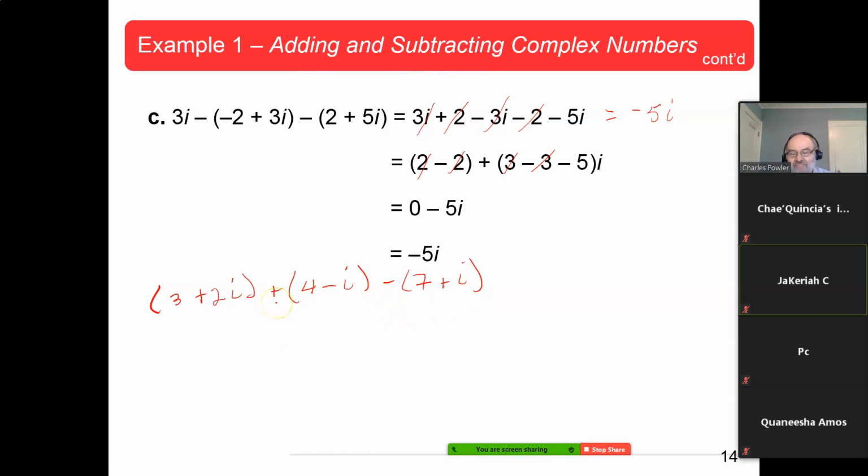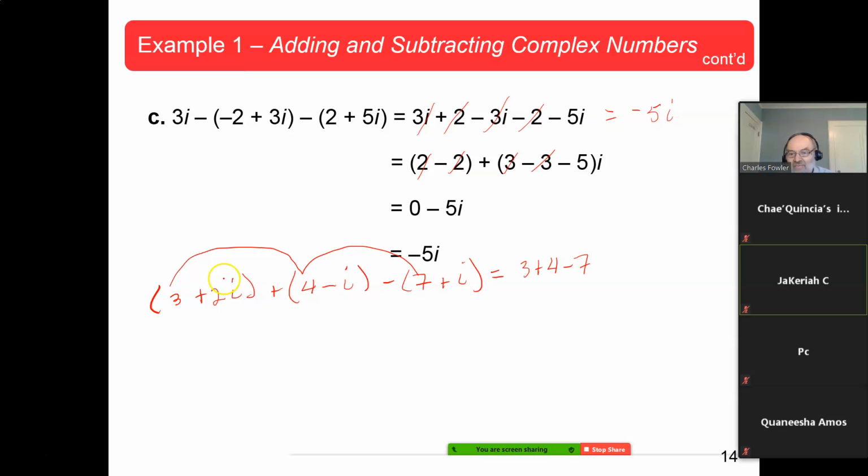Now, again, you can remove parentheses if you want to. It's pretty simple. And if you're removing parentheses, why don't you go on and group like terms at the same time? 3 plus 4 minus 7, which I think you can easily see that's going to turn out being a 0.